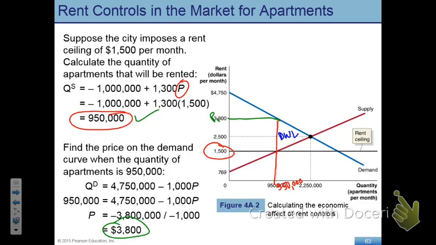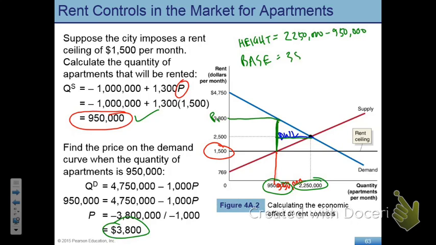The only thing that we need is a measurement of the height of this triangle, where the height is nothing but the difference between this and that. So it's 225,000 minus 950,000. So that's my height. And the base, which really is this difference, is 3,800 minus 1,500.